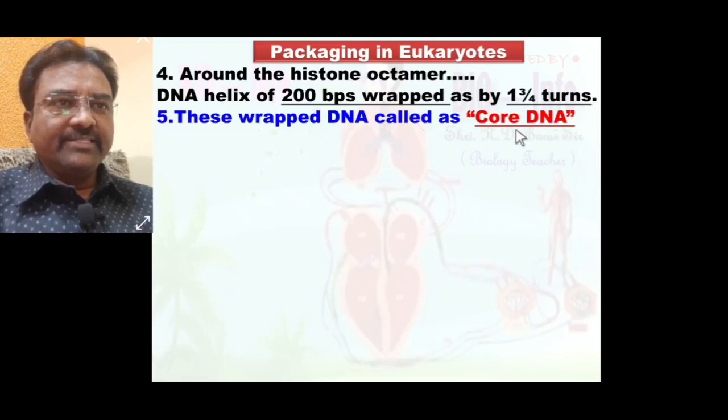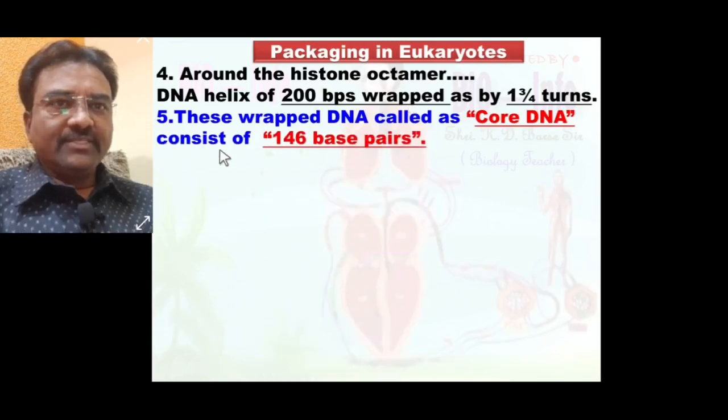The core DNA present around the histone octamer consists of 146 base pairs, meaning core DNA of 146 base pairs is present in each nucleosome.